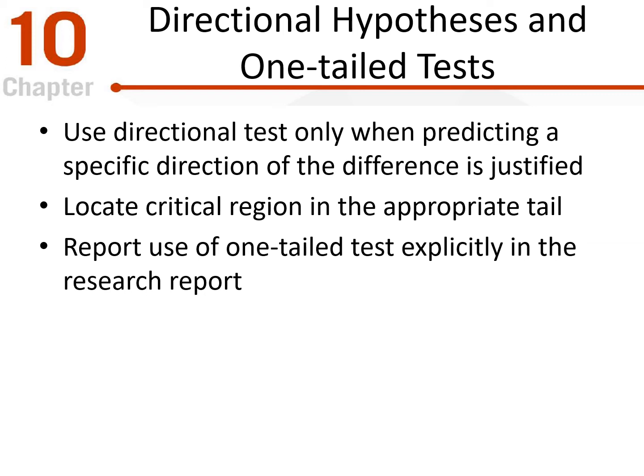Now, the benefit of using the directional test is it has more power, so it's easier to reject the null hypothesis. And I think that's why people try to use it. It's just that if you're not 100% sure of the effect, and you can't make an overwhelmingly consistent, convincing account of why you're doing it, then just stick with two-tailed or non-directional.